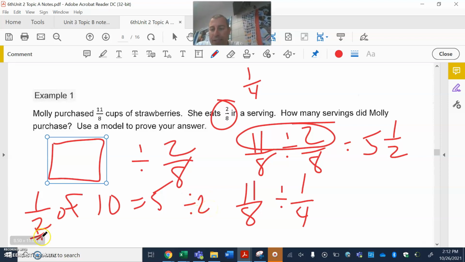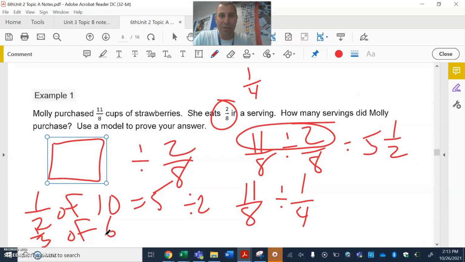If you want to take a third of something, let's say 6, and we break it up into groups of 3, we're going to have 2 in each of them. So taking a third of something is the exact same thing as dividing it by 3.